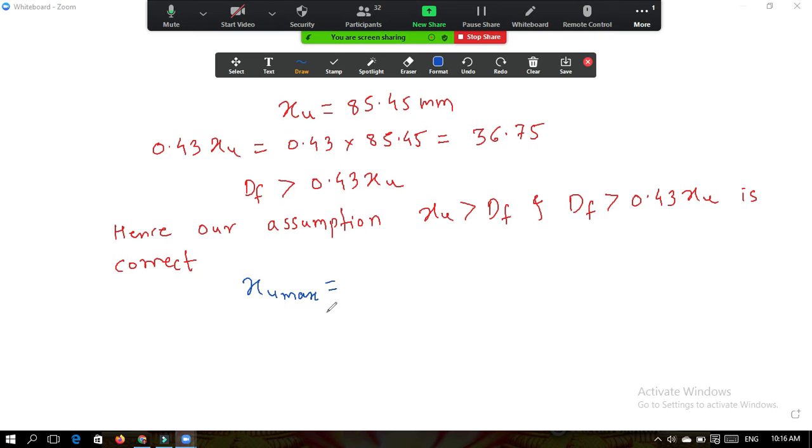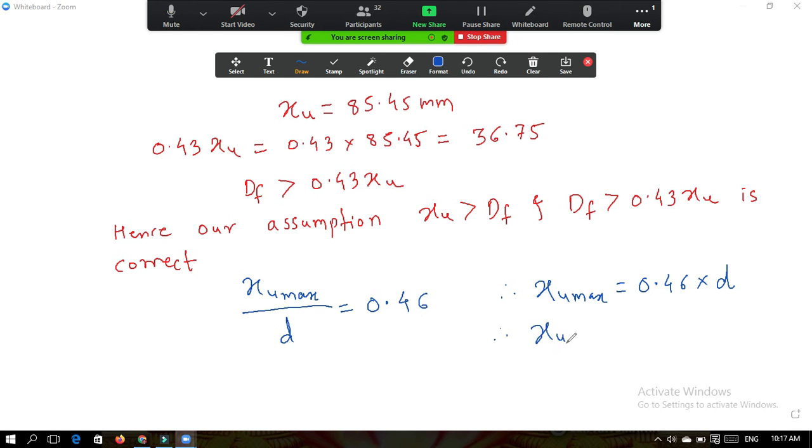So for Fe 500, what is the xu max by d ratio? xu max upon d is equal to 0.46. This is for Fe 500. Therefore, xu max is equal to 0.46 into d. Now put the values.